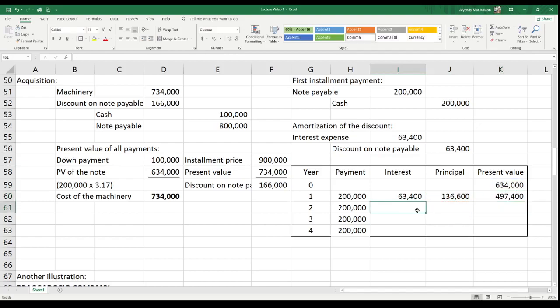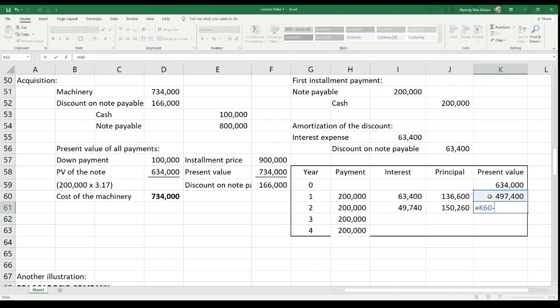Year 2, you base it on the previous balance. So, 497,400 times 10% gives you 49,740. For the principal, 200,000 minus 49,740 gives you 150,260. Present value: 497,400 minus the principal gives you 347,140. In year 3, again, the latest present value times 10% gives you 34,714.